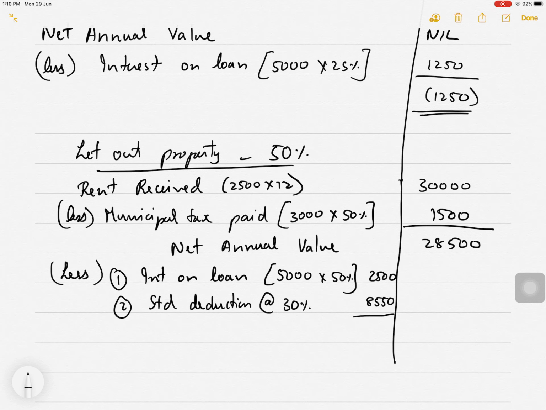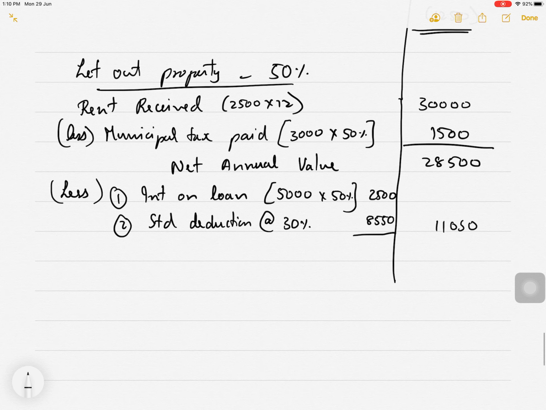So 28,500 into 30% comes to 8,550. Total it in the outer column. 11,050.